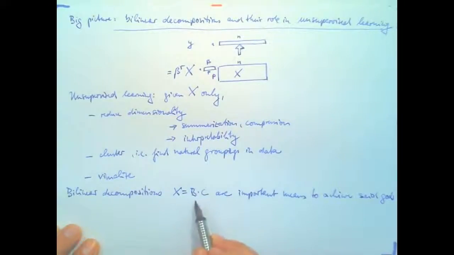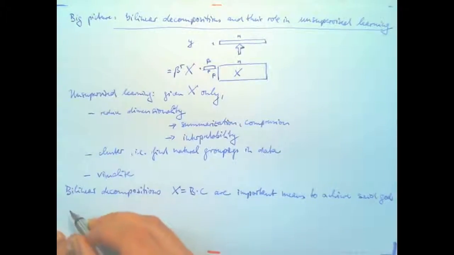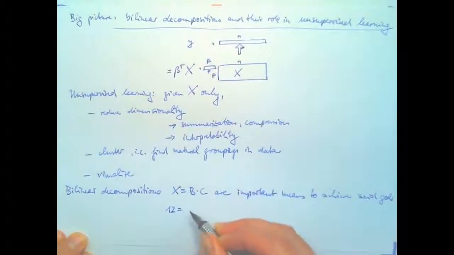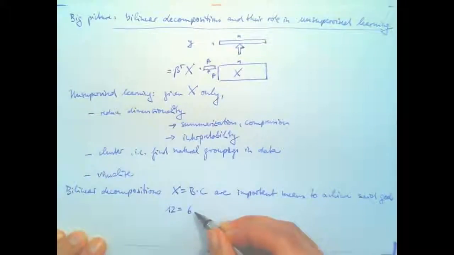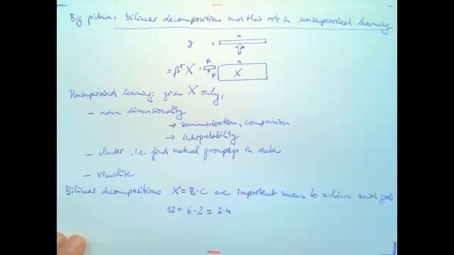Okay, why is it called bilinear? Simply because I express x as a product of something with something else. Now, in general, or if I don't give any other constraints or additional information, this problem is ill-posed, because I could, for instance, write 12, I'm just using a scalar example now instead of the matrices, but I could write 12 as being 6 times 2, or I could write this as 3 times 4, and so on.